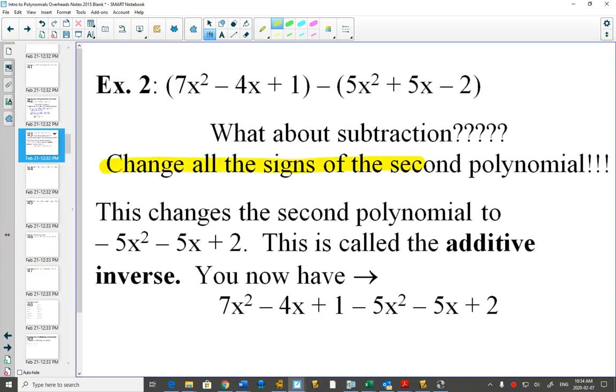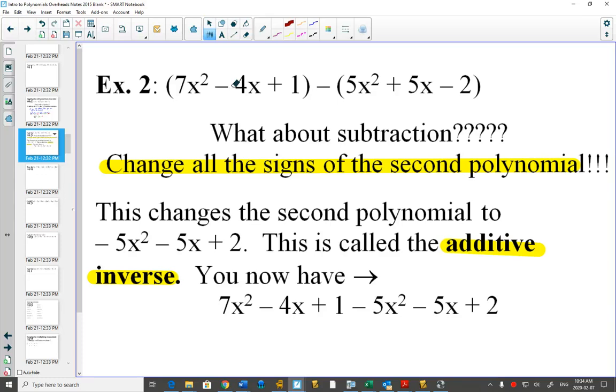Change all the signs in the second polynomial. It has a special name: when you change all the signs, it's called the additive inverse. I'm not going to ask you that definition, though. But if you're subtracting, you have to change all the signs in the second one. Then you can remove the brackets.